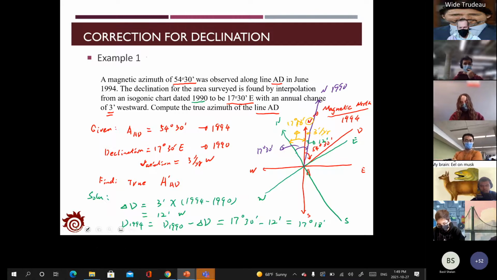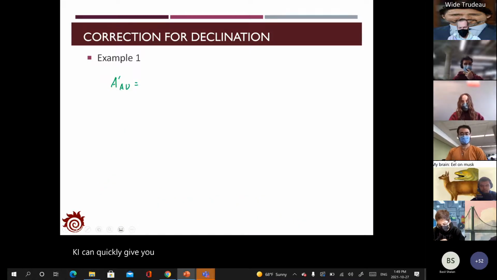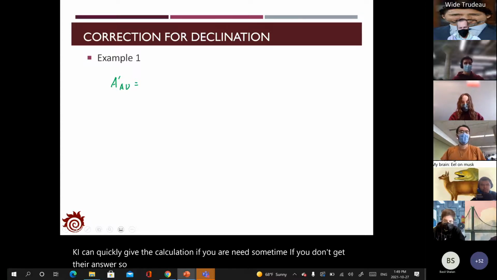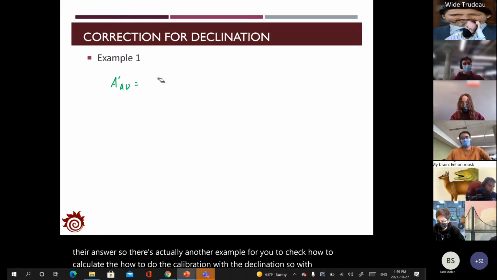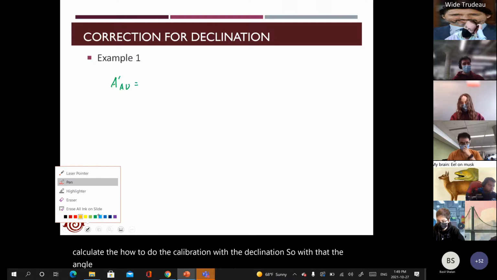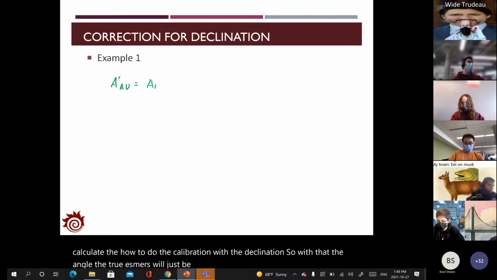Okay, I can quickly give you the calculation if you need some time, if you don't get the answer. There's actually another example for you to check how to do the calibration with the declination.